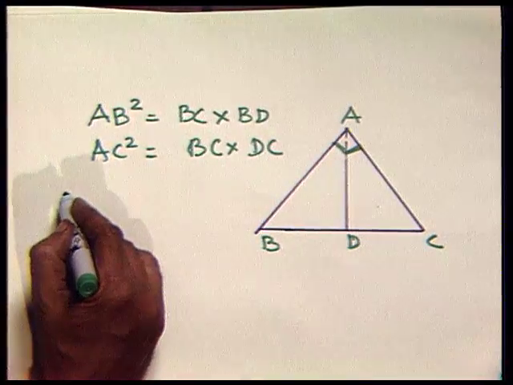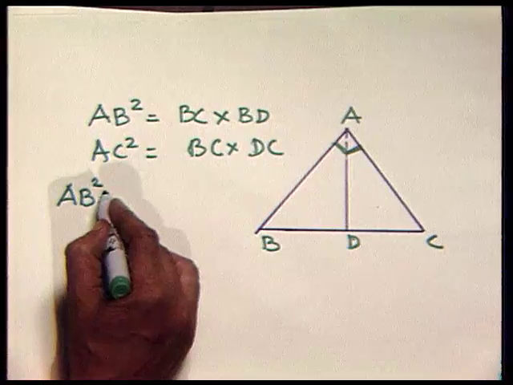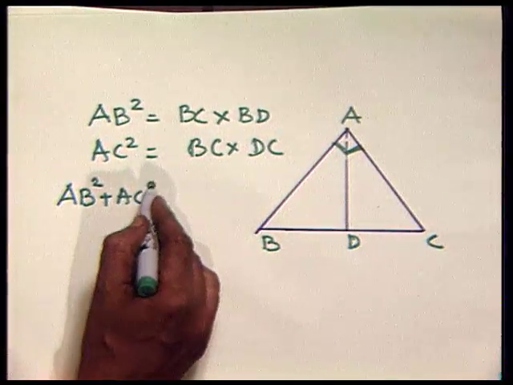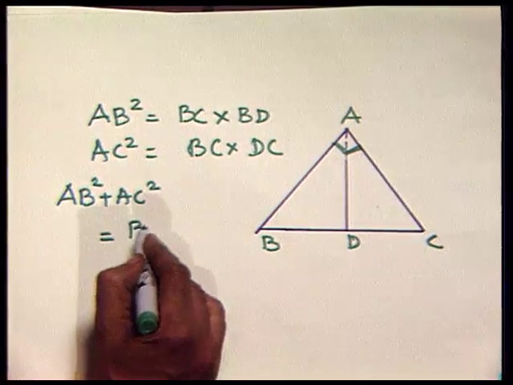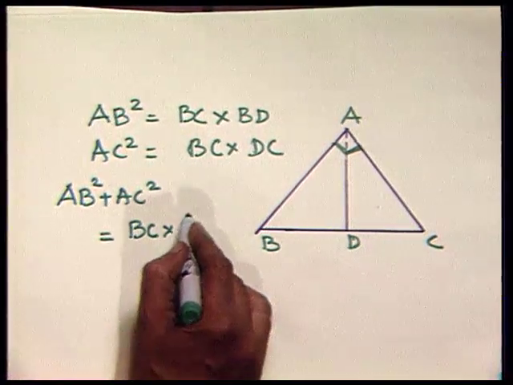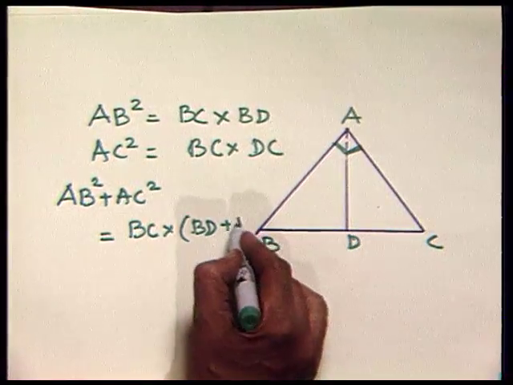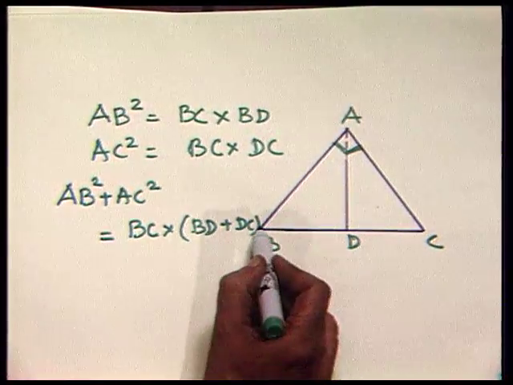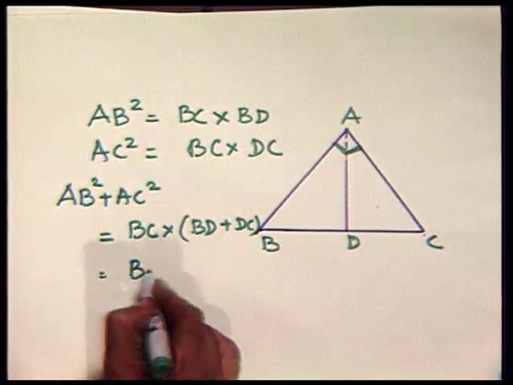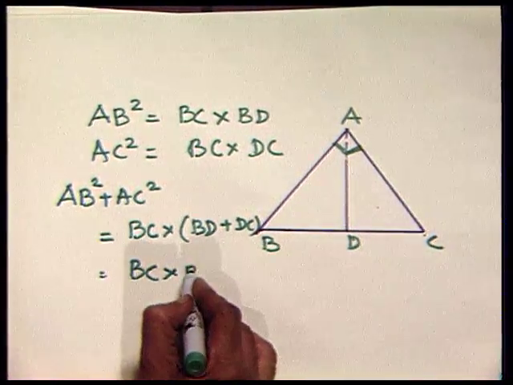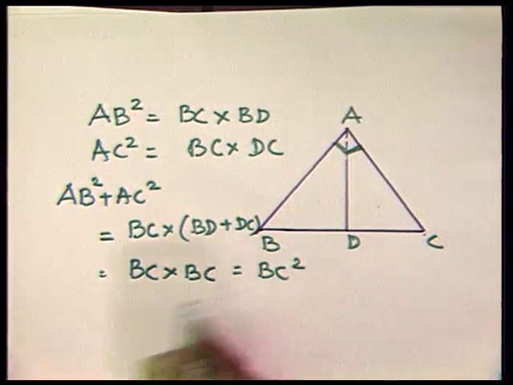So, we have AB square equals BC into BD and AC square equals BC into DC. Now, adding these two equations, we get AB square plus AC square equals, if we take BC common, BC into BD plus DC. But BD plus DC is nothing else but BC. So, this is BC into BC, which is BC square.